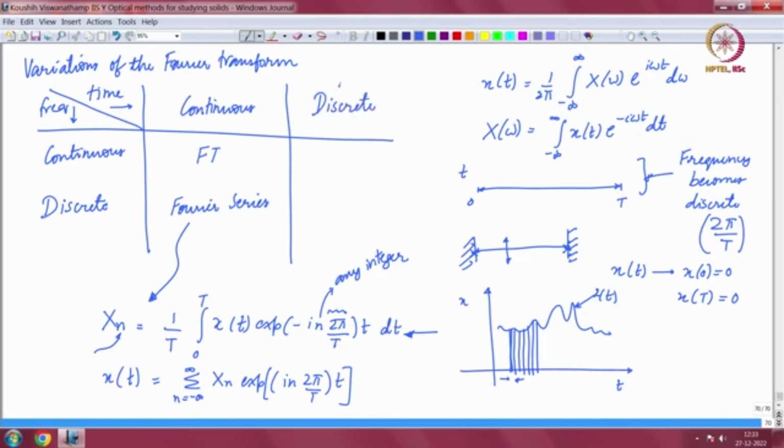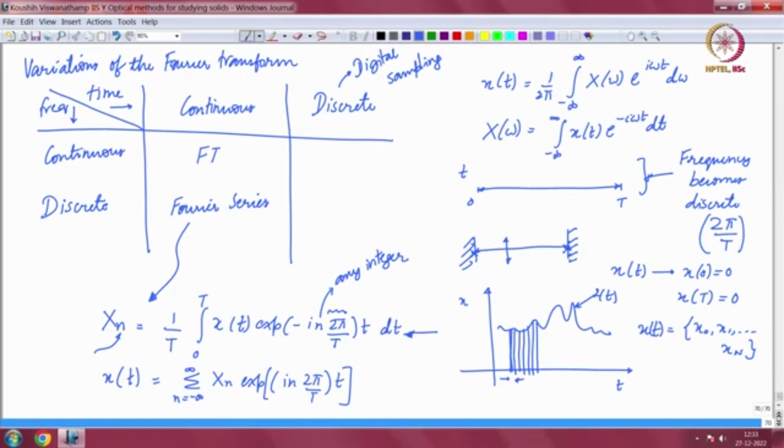So this happens when you have digital sampling. And your time now is a discrete variable. So signal x of t is represented by a collection of values x0, x1 and so on up to capital N, depending on how many samples you have taken, and so you have a discrete time signal.